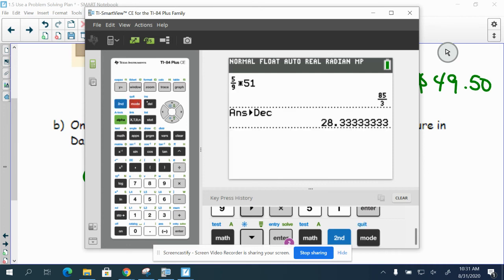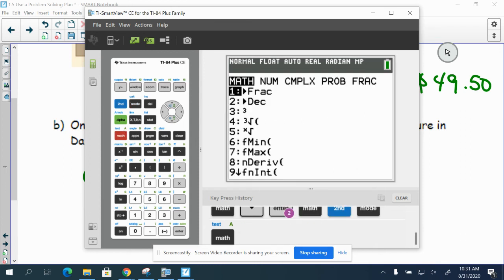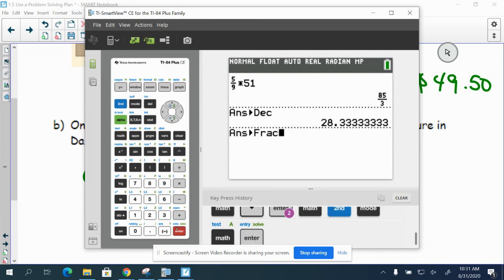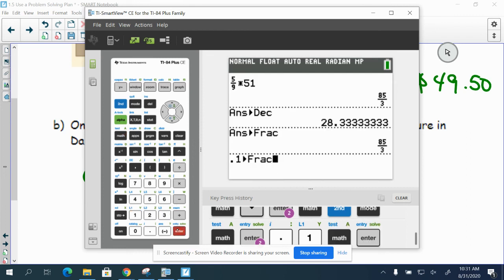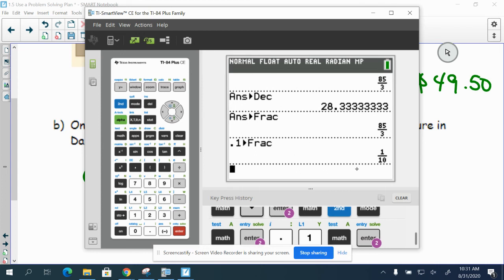So unfortunately, the older calculators don't have a fraction button like this. But if you did have a decimal like this, and you wanted to convert it to a fraction, then you just do math, and then the first option, convert to fraction, enter. Okay, well, let's say you have 0.1. So what's 0.1 as a fraction? Let's find out. So do math, fraction, convert to fraction, enter, 1/10.